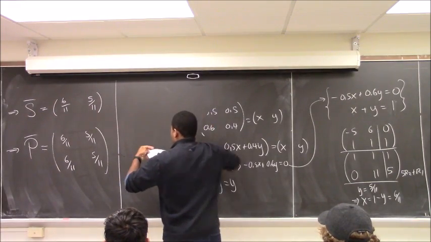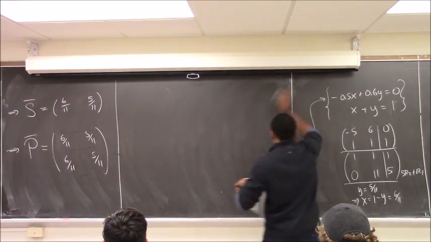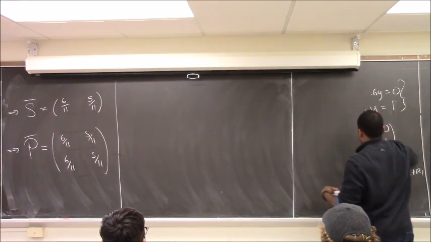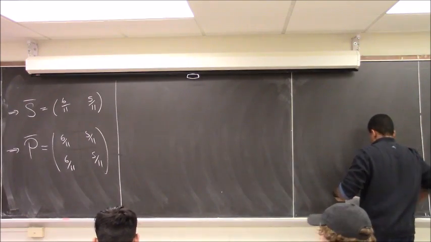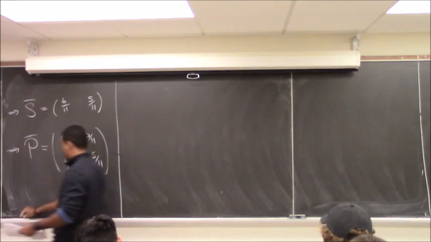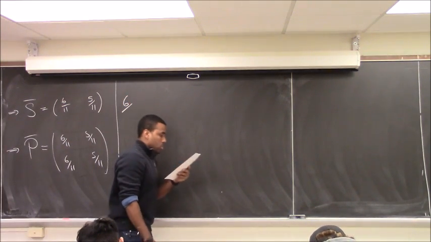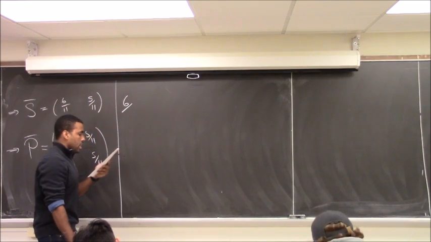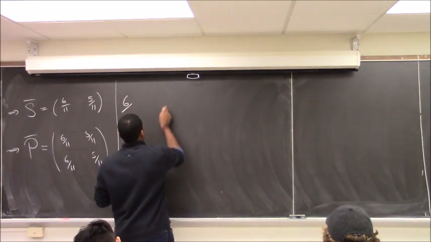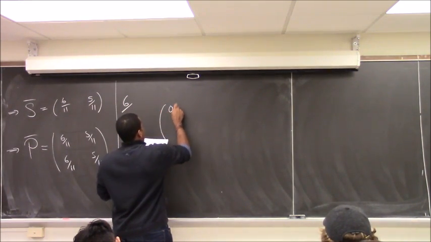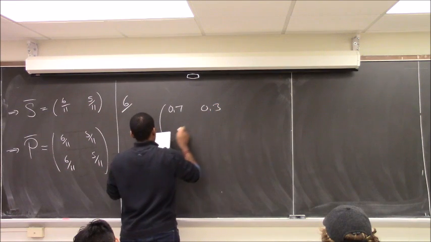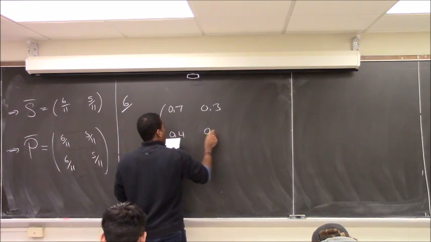So the next problem was problem 6. An important kind of problem. It's a word problem. They gave us also a transition matrix: 0.7, 0.3, 0.4, 0.6.